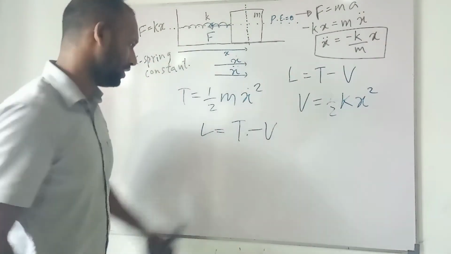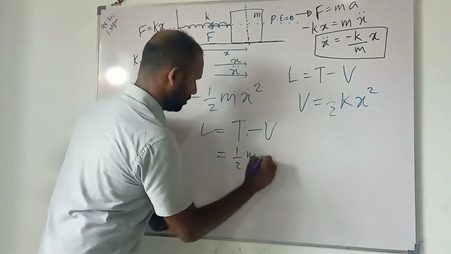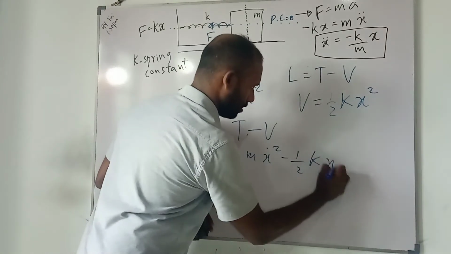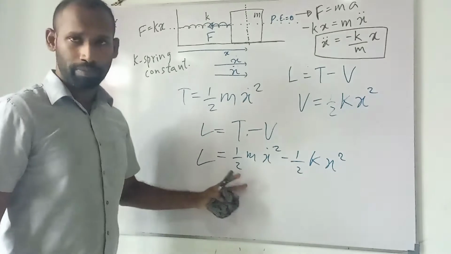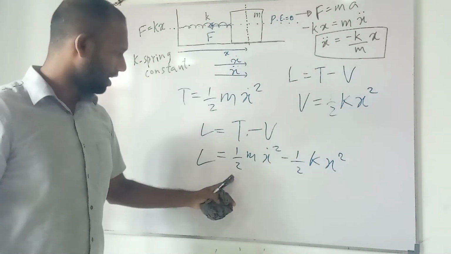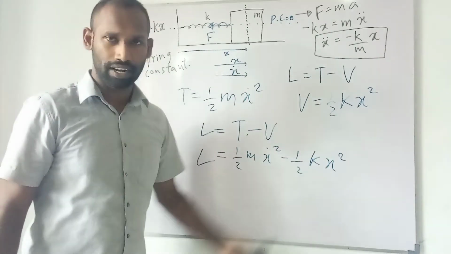L equals T minus V. So finally we obtain this equation: L equals half m x dot square minus half kx square.